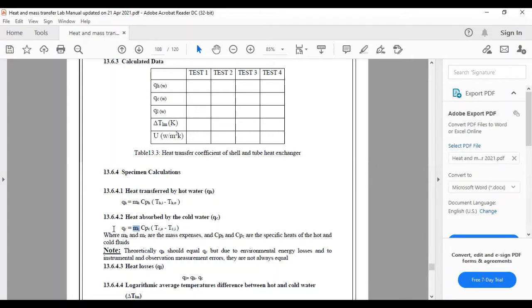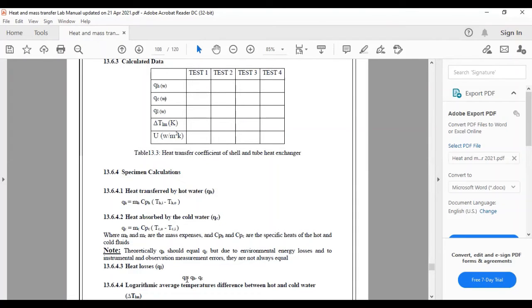In the start of the experiment, I already explained the procedure to calculate this. Then we have the value of the specific heat of cold water as well, and TCO is basically the cold water outlet temperature, minus TCI, the cold water inlet temperature. So we have all of these values. We will use these values to calculate this QC.